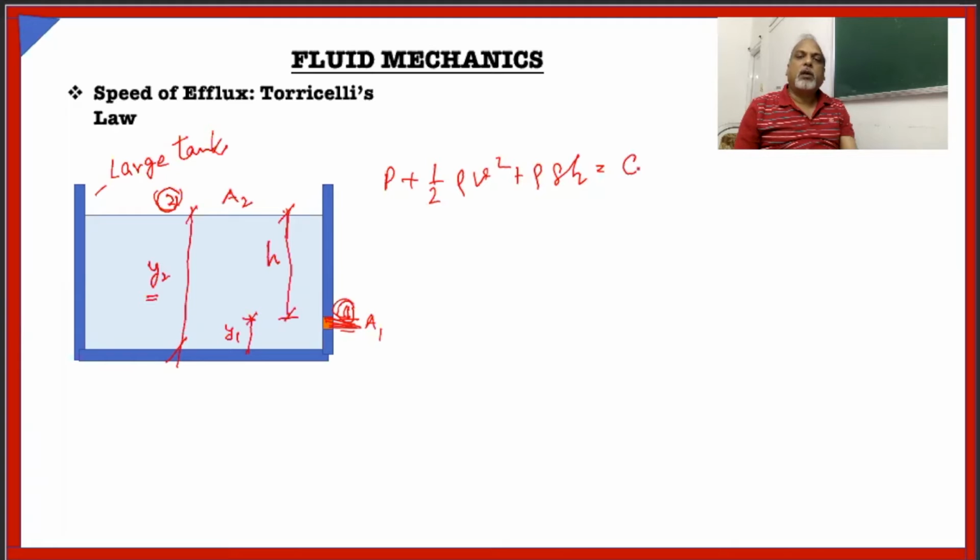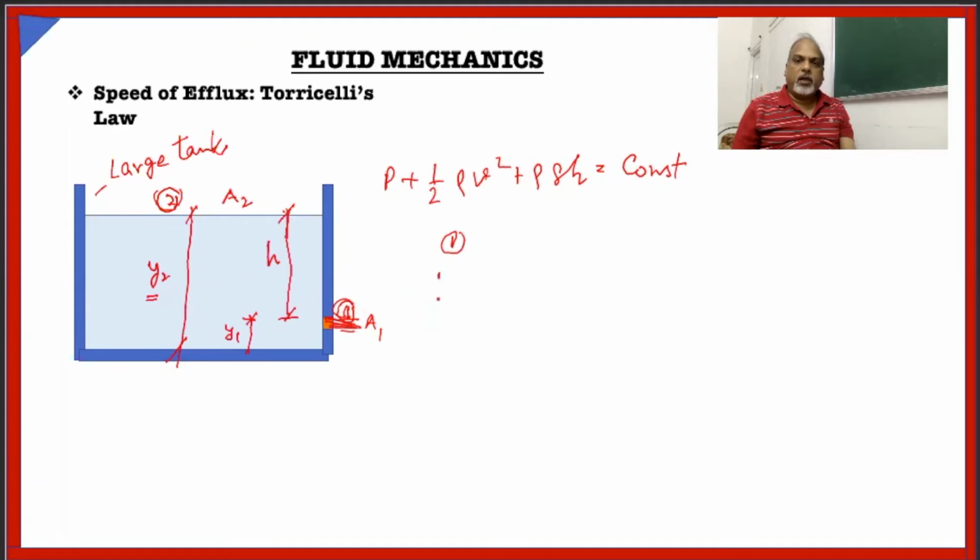is constant. Correct? So at point 1, what will P be? Now since water is coming out, it will be experiencing the atmospheric pressure.